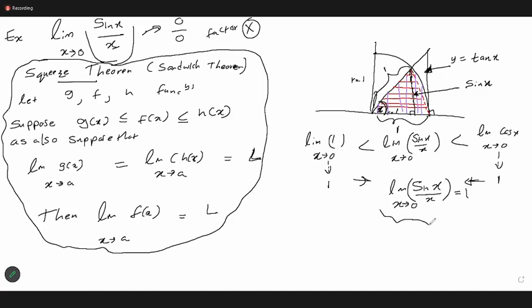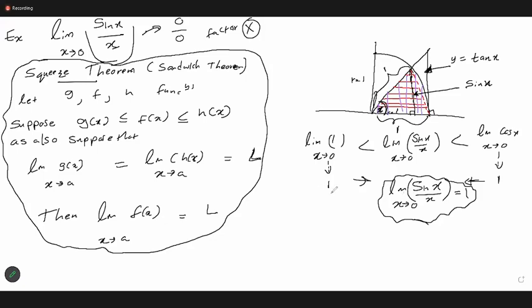So we proved this, because here we cannot have any format to solve the problem. We are stuck here. So we use some graphical representation and a theorem introduced in mathematics, and prove that this limit of sin x over x when x approaches 0 goes to 1. So you need to memorize this.